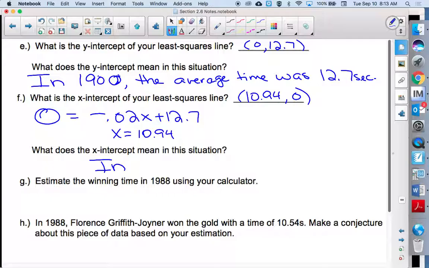When the winning time average was 0. So he said the winning time was 0. I guess put seconds with that. What year was the winning time 0 seconds?